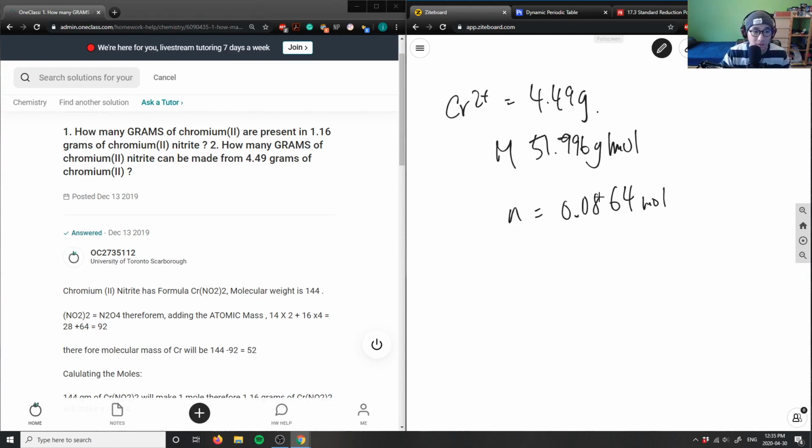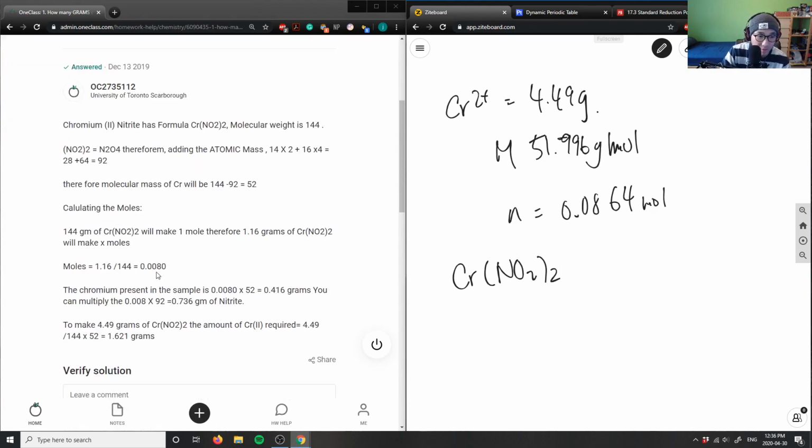And what I could do is go back to my chromium nitrate here. The chemical formula for that would be Cr(NO2)3, right? So if I have 0.0864 moles of chromium here, I can also figure out how many moles I have of this nitrite group as well.